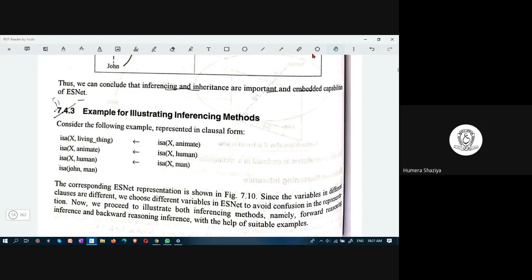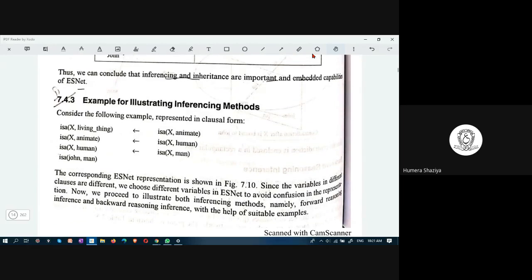Remember, these set of clauses are not an exhaustive list of real world knowledge or information. It is something that is a subset. Here, the subset says that John is a man, X is a man implies X is human, which implies X is animate, which implies X is a living thing.